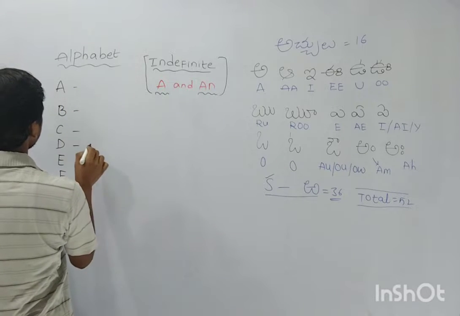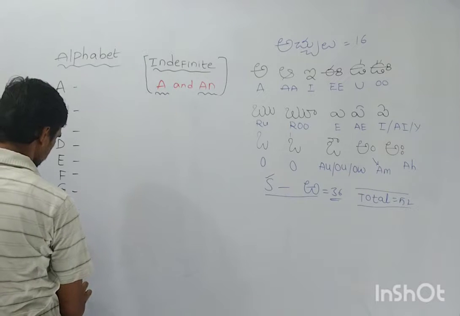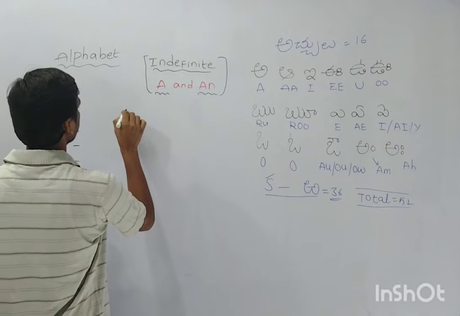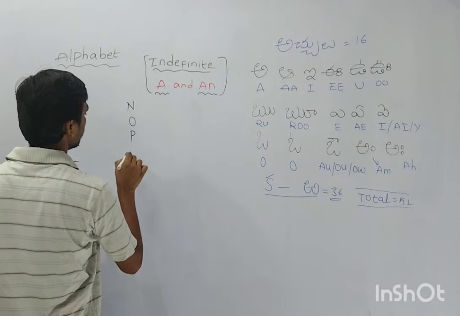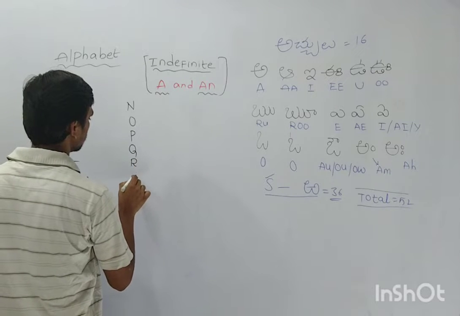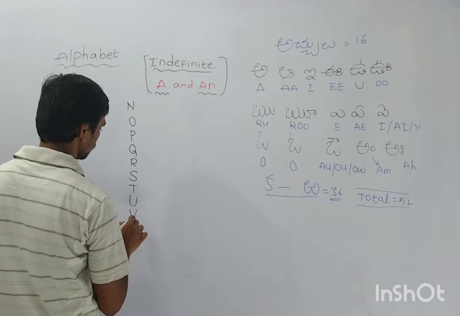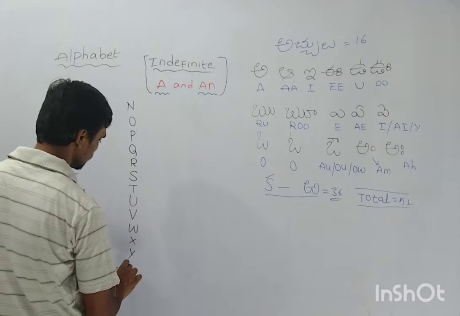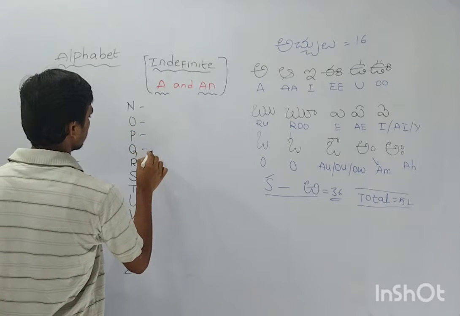You can easily identify. So these sounds are very important. Then here I am writing n, o, p, q, r, s, t, u, v, w, x, y, and z. So sounds I am writing here. Clearly understand.